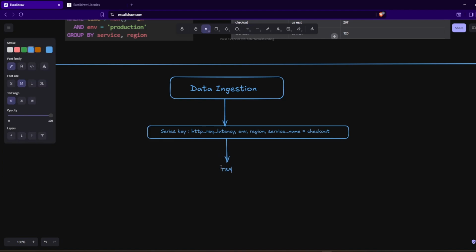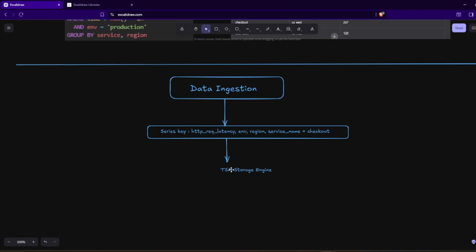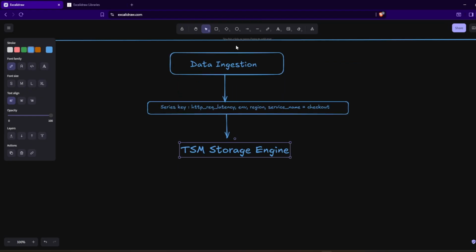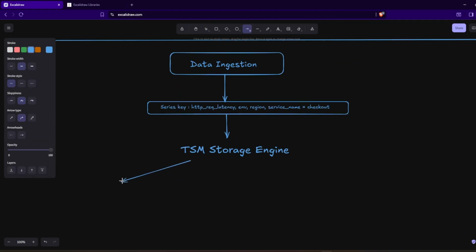Okay, so now this would go to our TSM, rather not the TSM file. At first it would go to the TSM storage engine. So what would happen over here is this will make sure that all the time structured merge tree files, the TSM files, are being created. So from here, it will probably get into different TSM files.